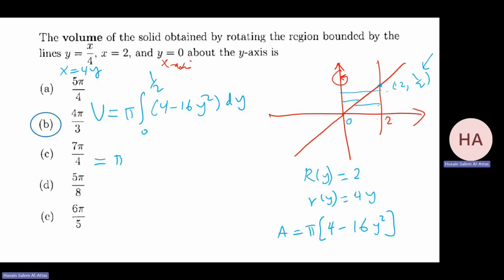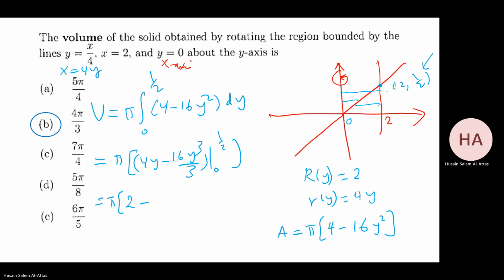Yeah, fractions. Okay. Pi times 4y minus 16y cubed over 3 from 0 to half. That will be pi, be careful with the calculation now. 2 minus 16 times half cubed, 1 over 8 times 3, that's 24.